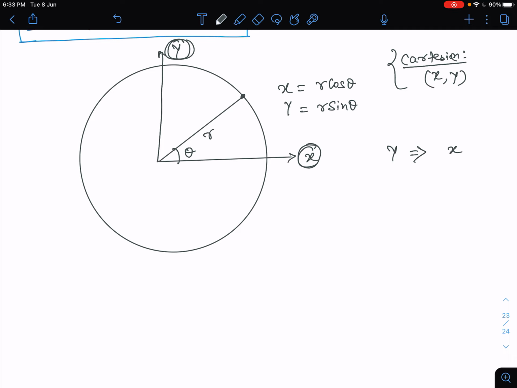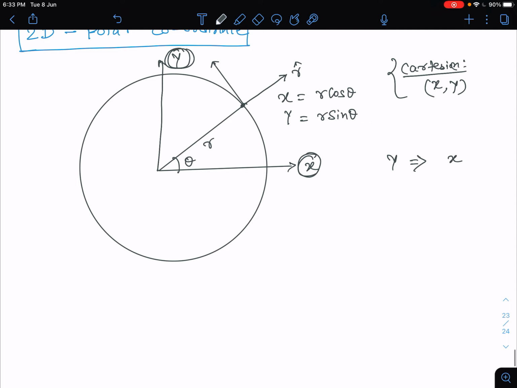So in our case, if we choose our first vector along r, and choose another vector perpendicular to that r vector, let's name this direction theta, and this direction r.